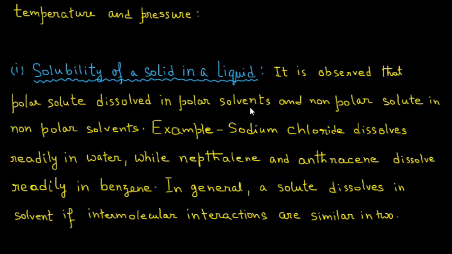Example, sodium chloride dissolves readily in water while naphthalene and anthracene dissolve readily in benzene. In general, a solute dissolves in a solvent if intermolecular attractions are similar in the two. So it depends upon the intermolecular attractions. If they are similar, then that solute will dissolve in that solvent.